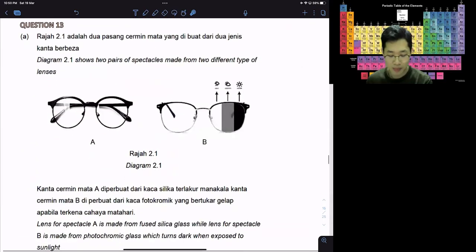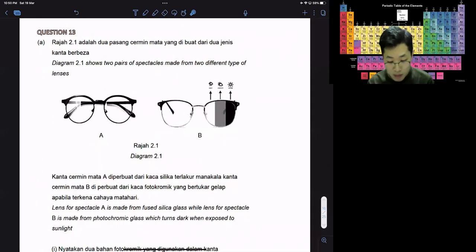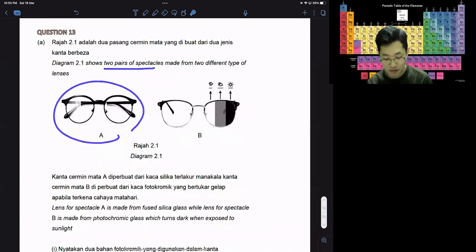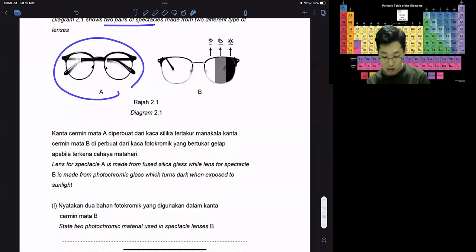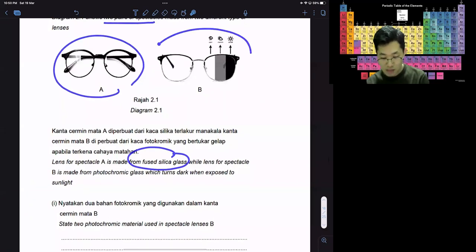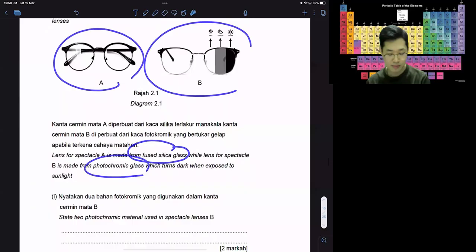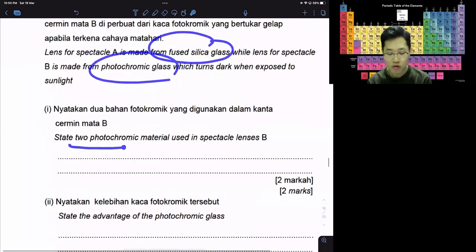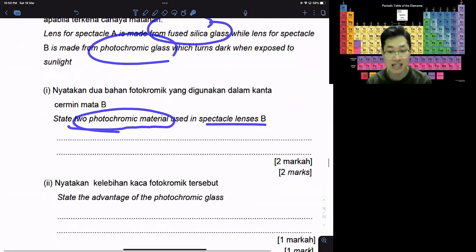Okay, next. Two pairs of specs, one made of fused glass, and this one made of photochromic glass. So state two photochromic materials used in the spec lens.